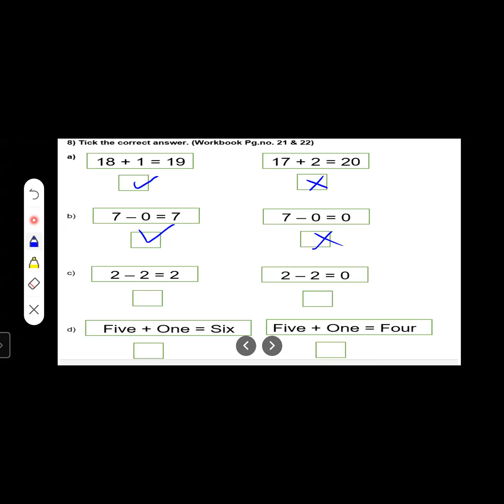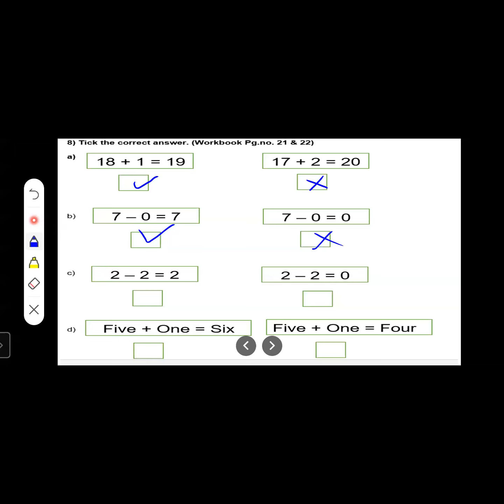Then third question, 2 minus 2 is equals to 2, or 2 minus 2 is equals to 0. Which one is the correct answer? 2 minus 2 is equals to 0.